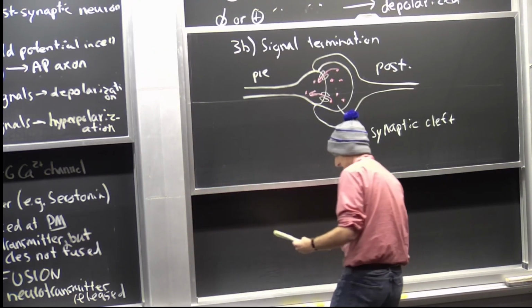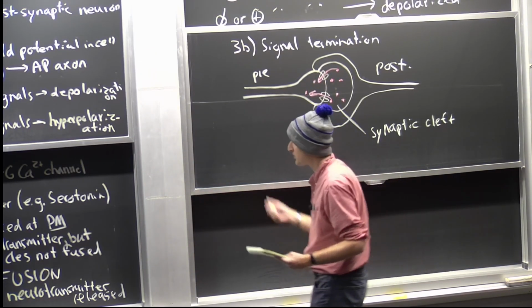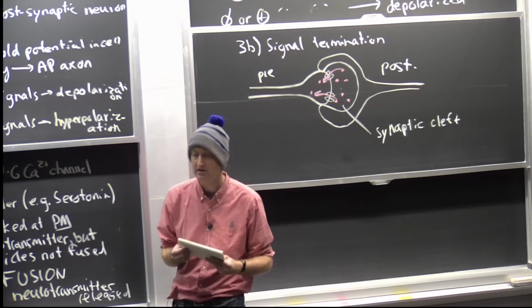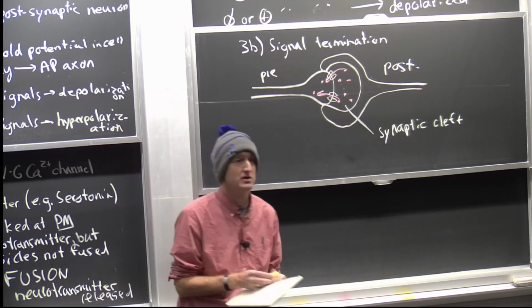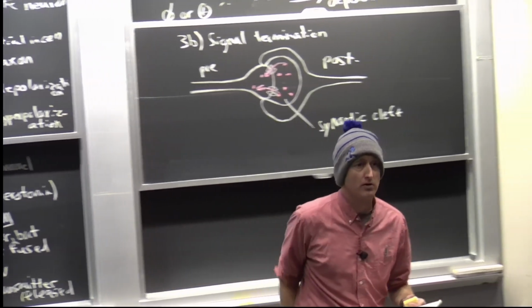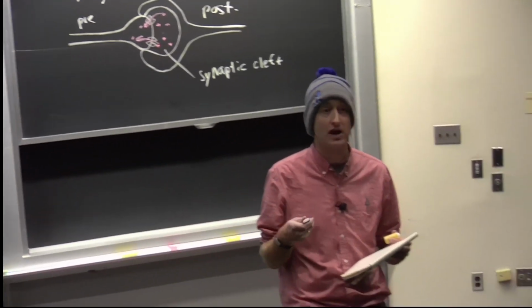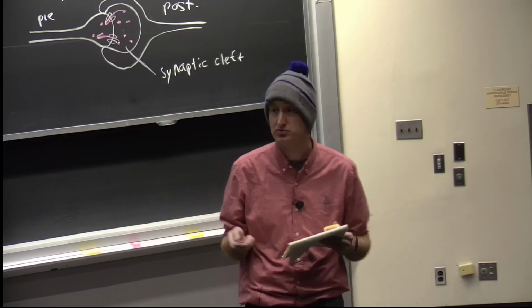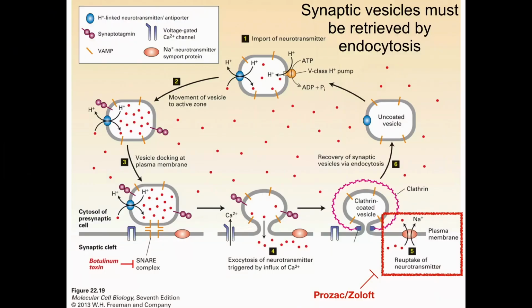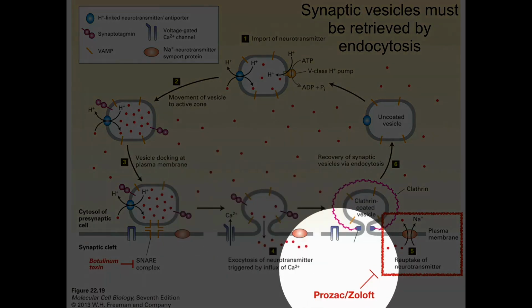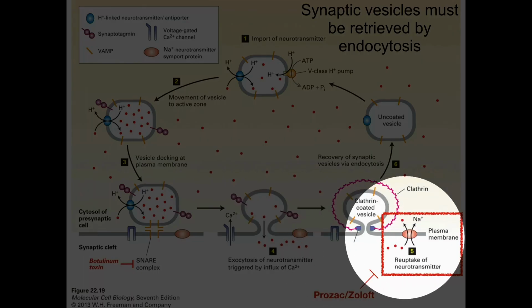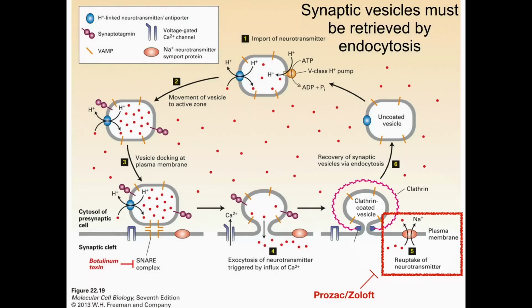Okay? And so this process of reuptake highlights an important process that's been utilized by drug companies to create antidepressants. So antidepressants like Prozac and Zoloft affect this reuptake process.